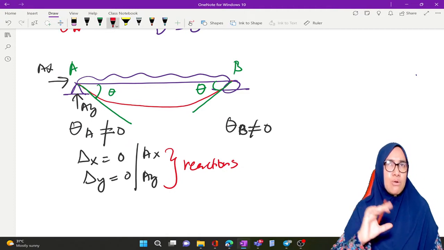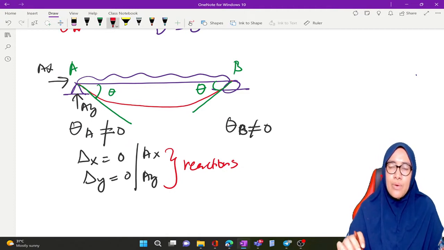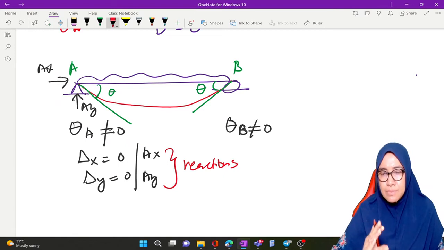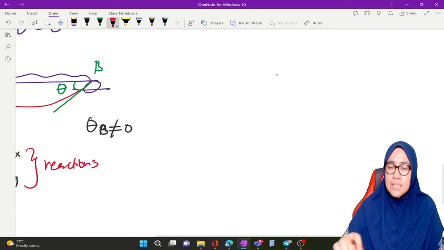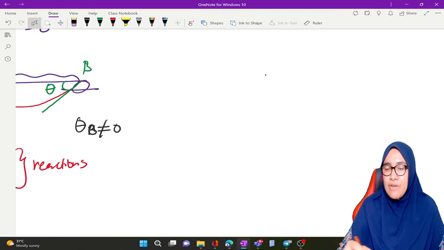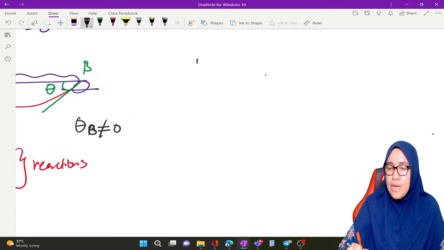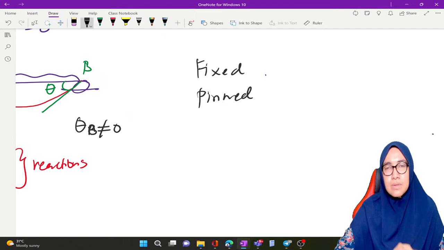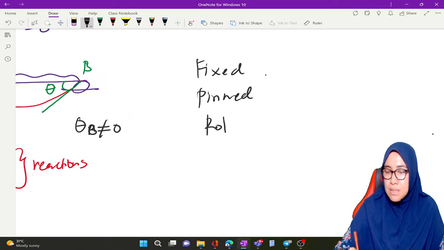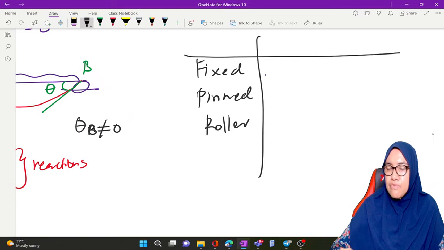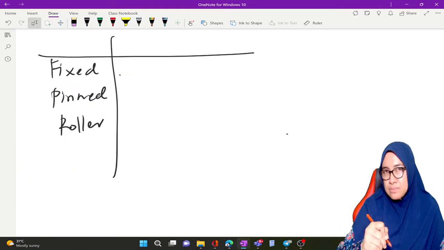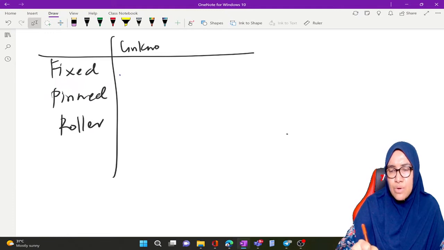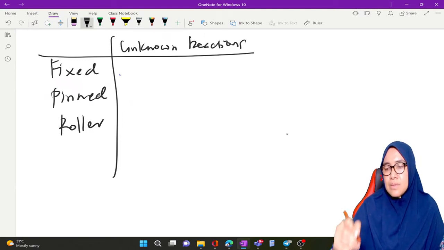So in conclusion, when we understand the support system, we have fixed, we have pin, and we have roller, in terms of the number of unknown reactions.